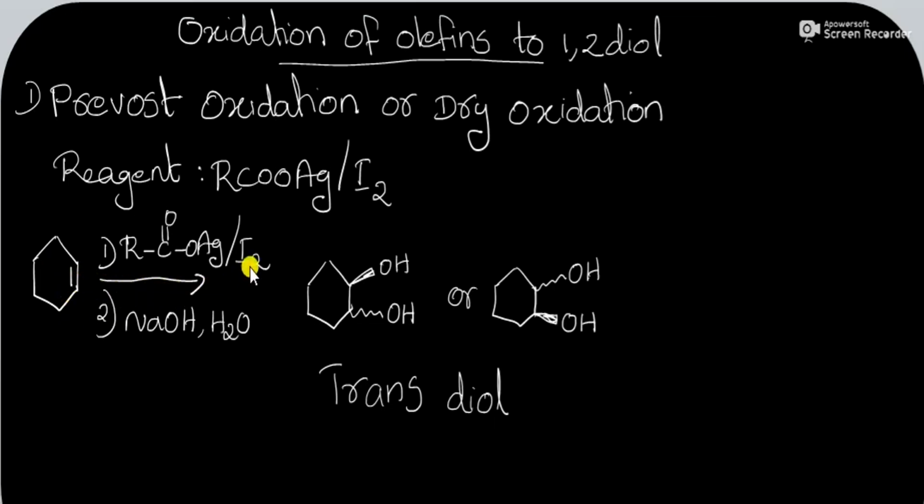In the presence of silver carboxylate and iodine, followed by base hydrolysis, it will convert it into trans diols. Trans diol means one OH group will be in upper phase, another OH group will be in lower phase. That is the reaction of Prevost oxidation or dry oxidation.